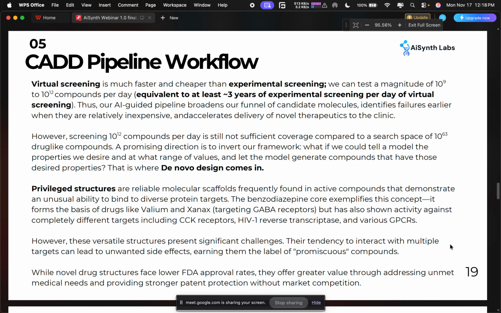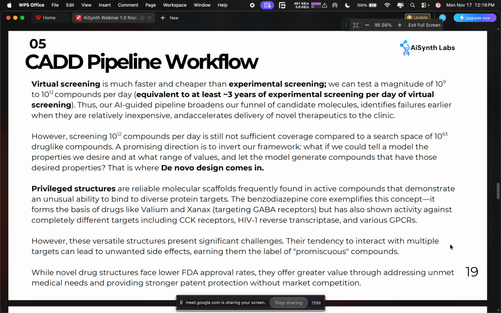Virtual screening is much faster than experimental screening. CADD, computer-aided drug design, is much faster, and AI coming into the flow helps us do things much faster. And de novo as well.